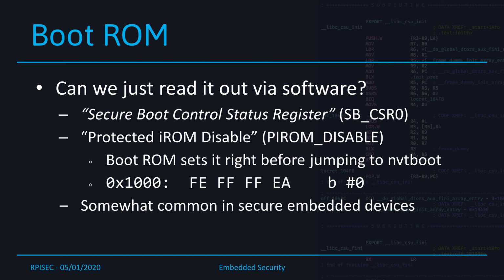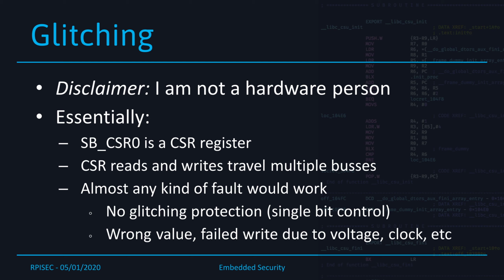And when the CPU does a write to this region, if it's just writing 1 bit and then later it'll be checking that 1 bit when you try and do the read, that is a very bad idea in this kind of context. Disclaimer, I am not a hardware person, but I will try my best to explain this.